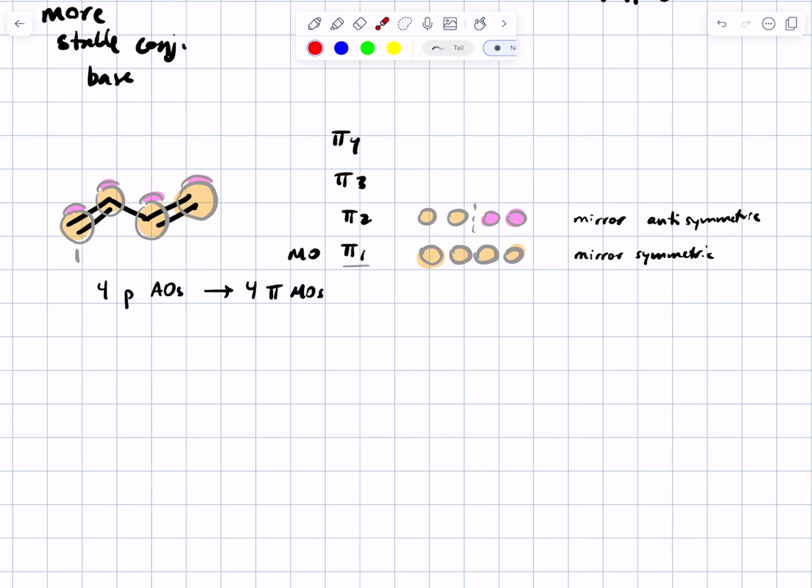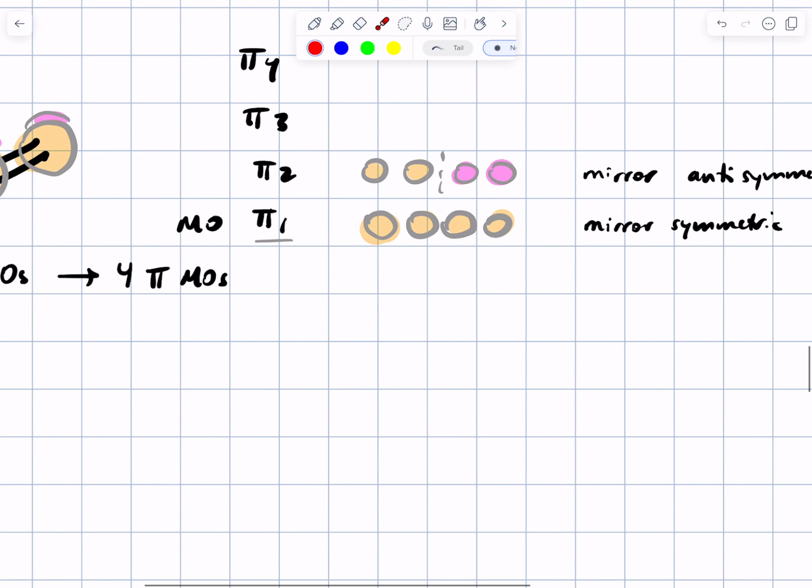Notice that the orbital is identical on carbons 1 and 4 except opposite wave function sign. The orbital is identical on 2 and 3 except opposite wave function sign. Okay, so that's all sort of background to remember what's going on.